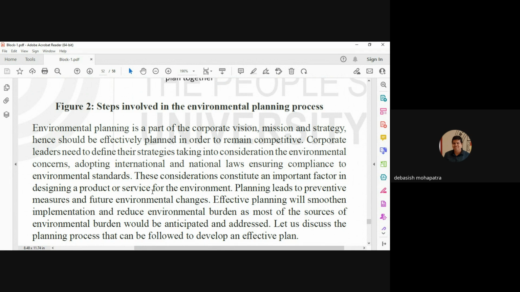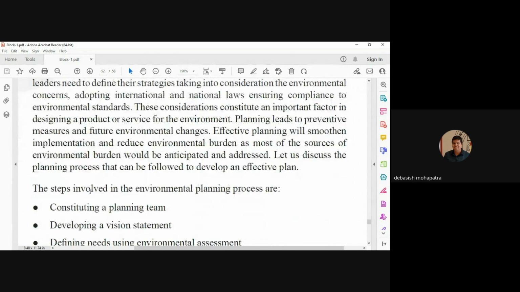Planning leads to preventive measures for future environmental changes. Effective planning will smoothen the implementation and reduce the environmental burden, as most of the sources of environmental burden would be anticipated and addressed.